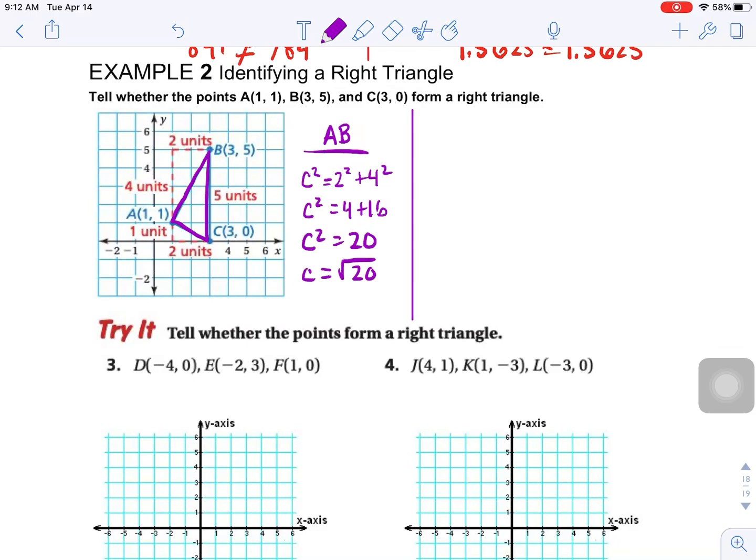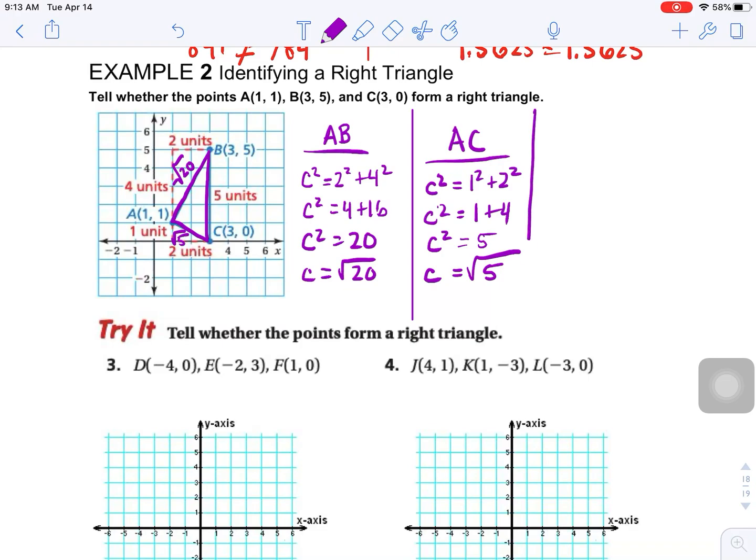All right, same idea, right? So this side was root 20. All right, so if I look at side AC, my sides here are 1 and 2. So c is the square root of 5.